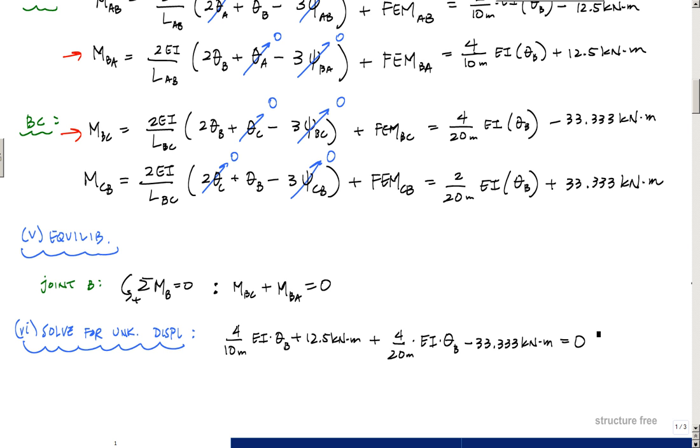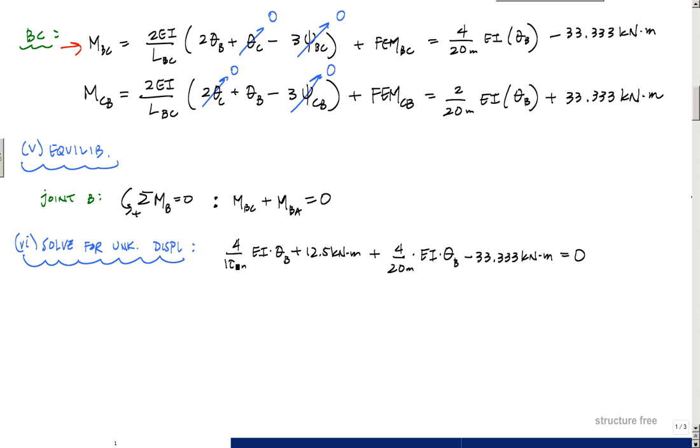And after a bit of algebra, this is 0.4, and this is 0.2. So this is 0.6 EI times theta B, which is equal to 20.833. Don't forget the divide by meters here, and this would be kilonewton meter.